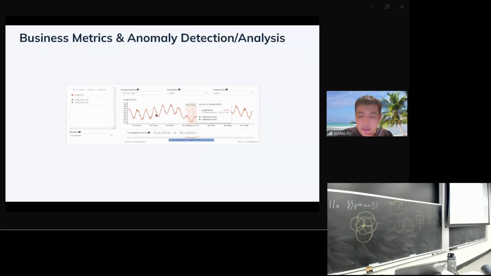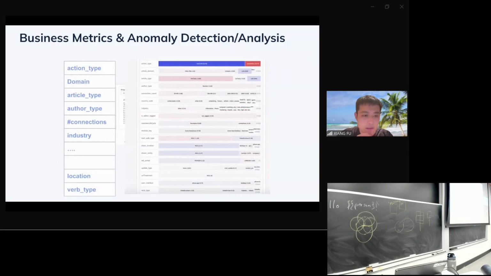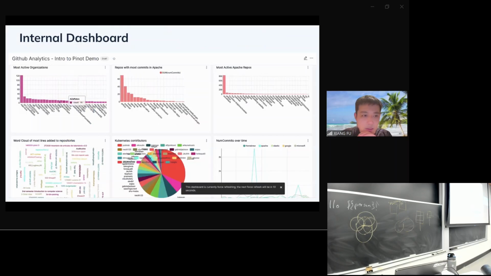to ensure everything is up to date. Another use case is business metrics and anomaly detection. Companies track business metrics and try to analyze their business performance. Meanwhile, if something goes wrong, they want to figure out why and root-cause their issues.